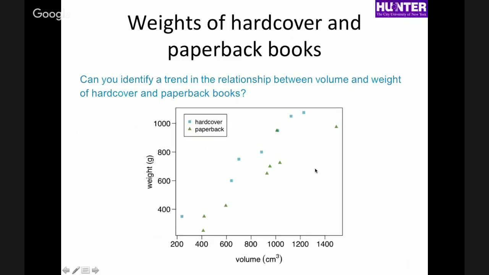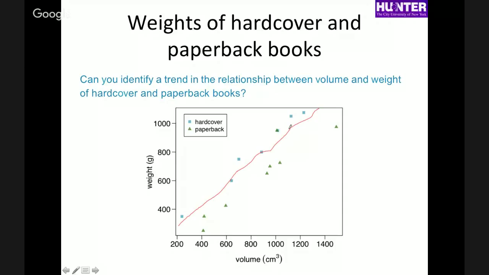If we make a slightly nicer scatter plot, where we make the hardcover books into blue squares and the paperbacks into green triangles, you can see that the best fit line, somewhere in the middle, is over predicting the paperbacks and under predicting the hardcovers on average for most of the books.